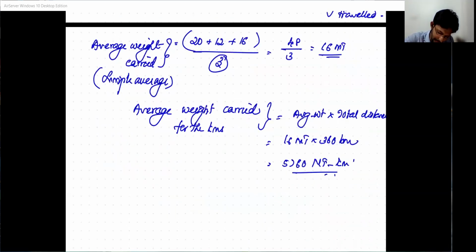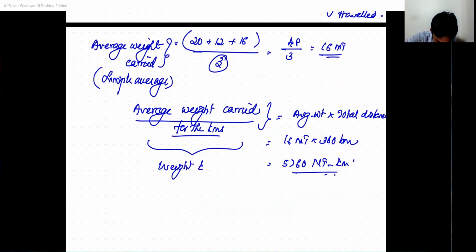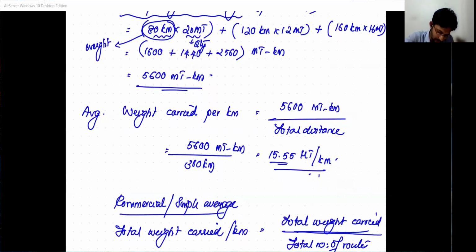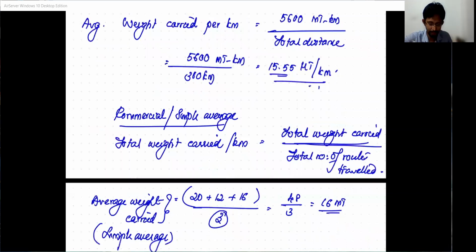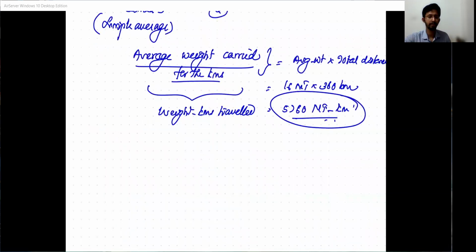So average weight carried for the total kilometers is nothing but the weight kilometers traveled. That is 5760 metric ton kilometer. So in the first case, it is 5600. Here it is 5760. Okay. So this is the calculation.